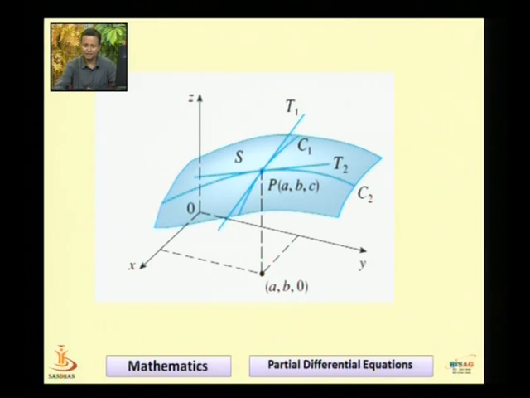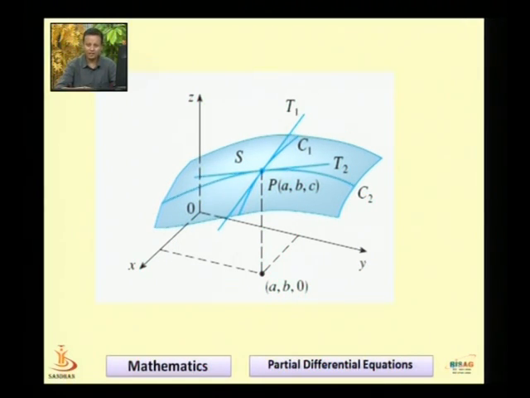Now when you find the partial derivative of z or f with respect to x, at that time we keep y constant. Suppose we consider y equal to 1; we have to give a fixed value of y also.